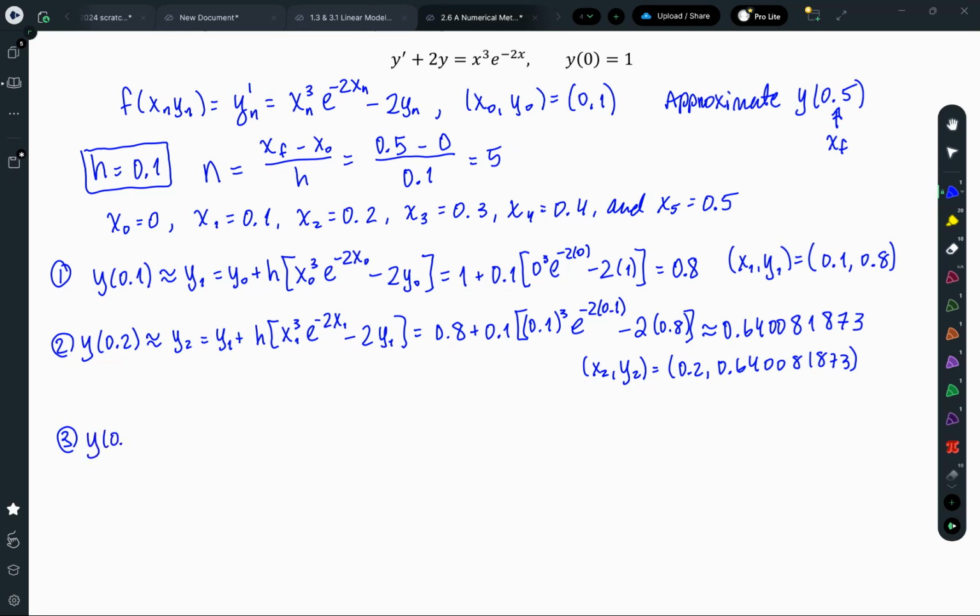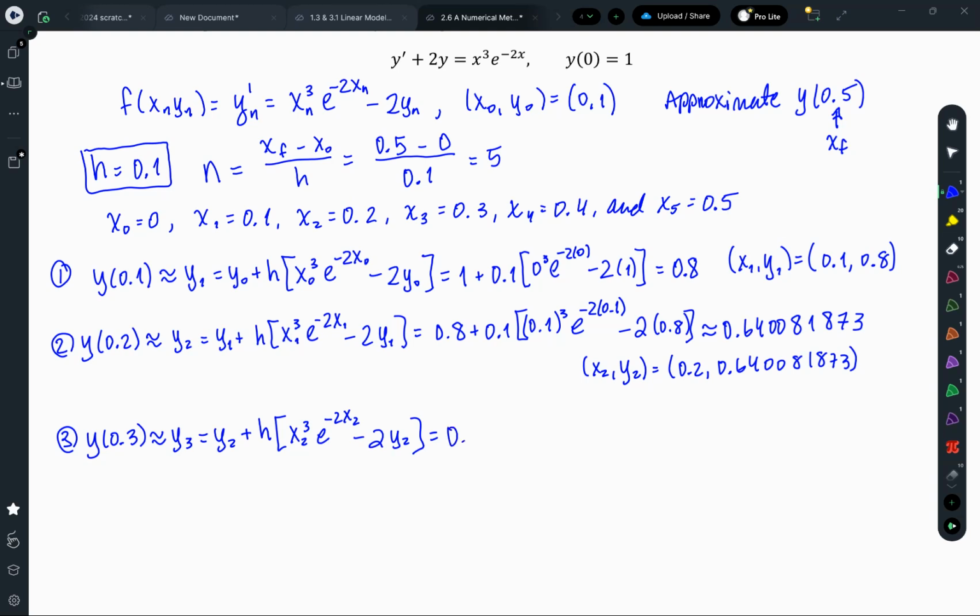Step 3. y of 0.3 is approximately my y3 value, which is going to use y2 plus h times x2 cubed e to the minus 2x2 minus 2y2. Plugging everything in, I'm going to do the same thing I did in the previous problem, where I do the dot, dot, dot on how long y2 is.